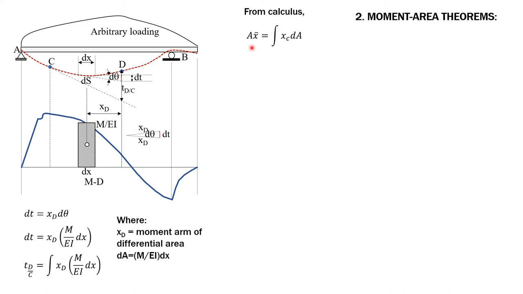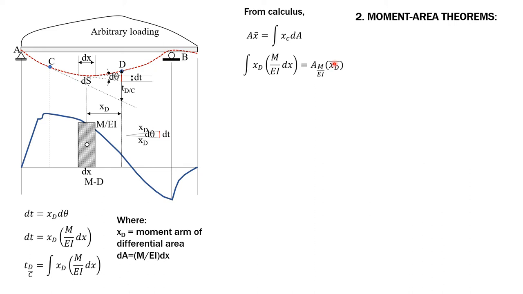Therefore, area times x̄d, or the area between C and D under the moment diagram by parts, if we replace x̄ by x sub d and interpret dA as M over EI dx, the area of this strip, should be equal to the area under the M over EI diagram by parts between the two points considered, C and D.